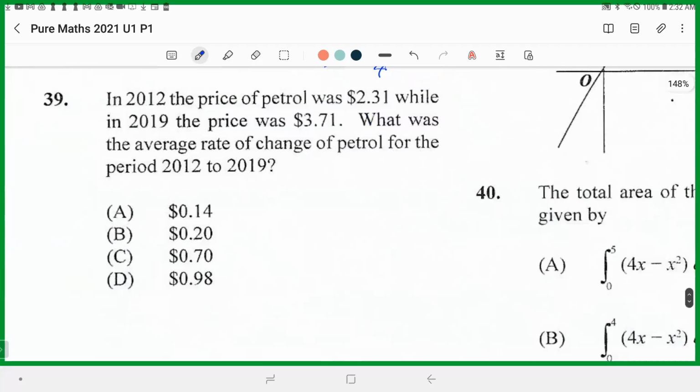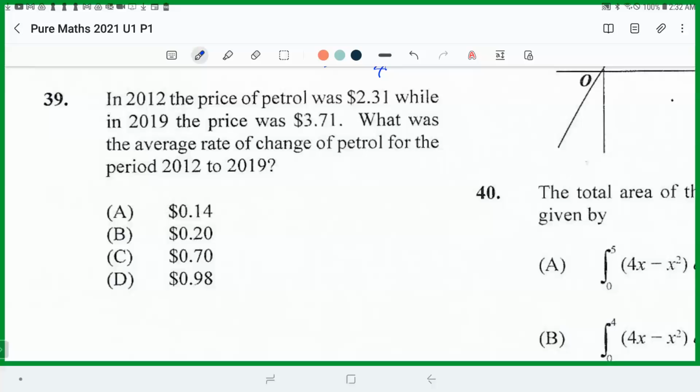This one says, in 2012, the price of petrol was $2.31, while in 2019 the price is $3.71. What was the average rate of change of petrol for the period? So basically it's gradient, and average rate is gradient. Right? So you have the points.